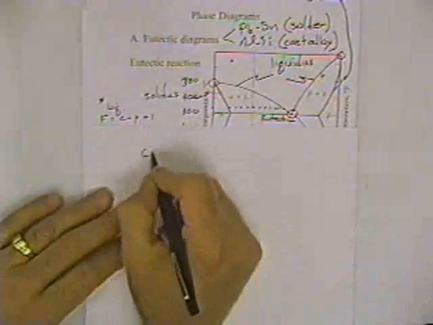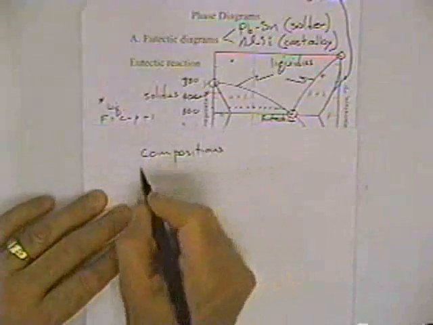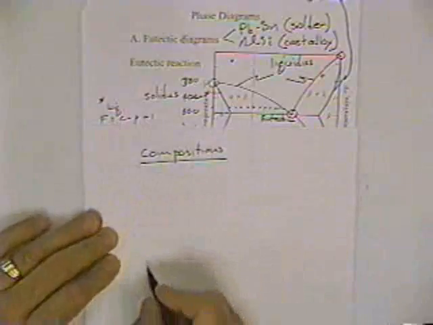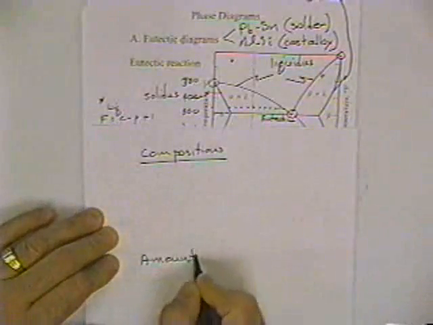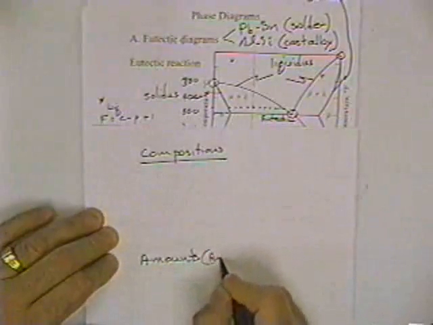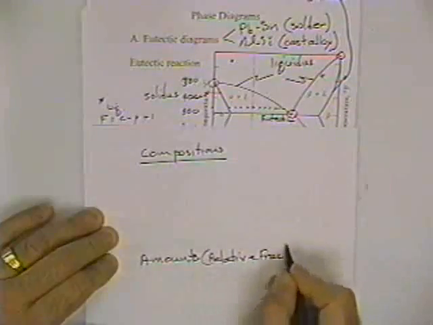Let me put another sheet of paper on here, and we'll use this. We want to know the compositions, and we want to determine the amounts, or relative fraction.